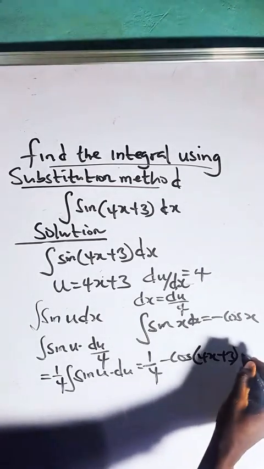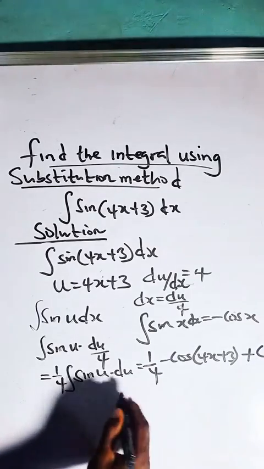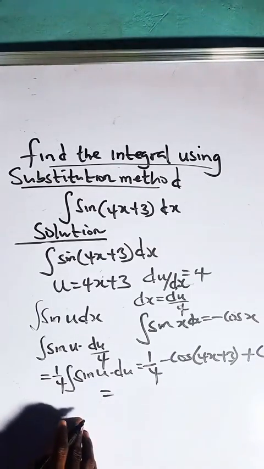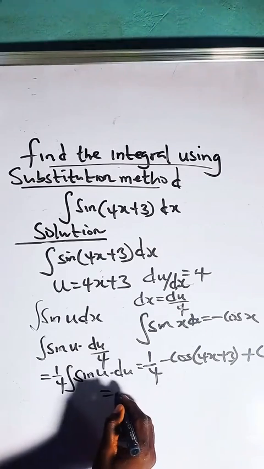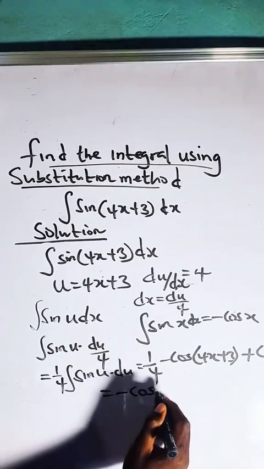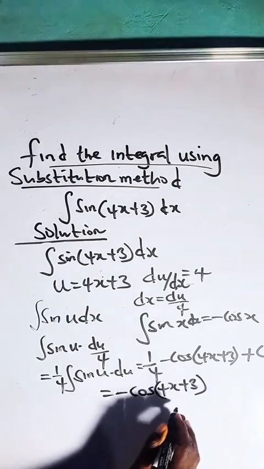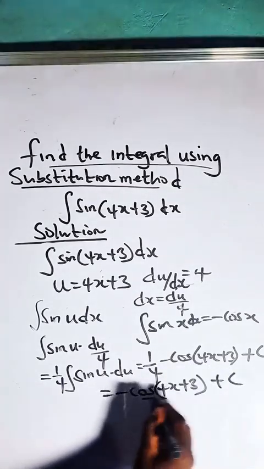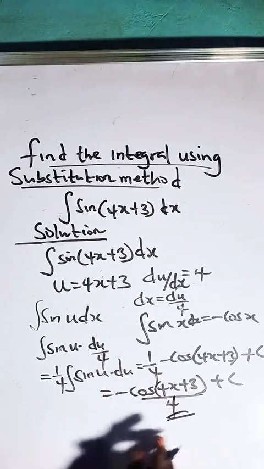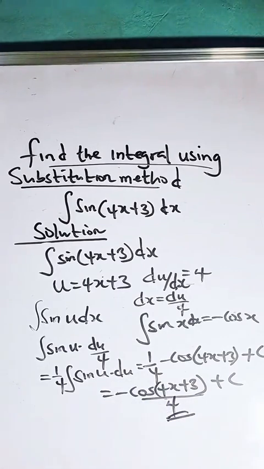Let us introduce our constant of integration, which is c. So when we work this out, we have minus cos(4x + 3) plus c, all over 4. Thank you very much.